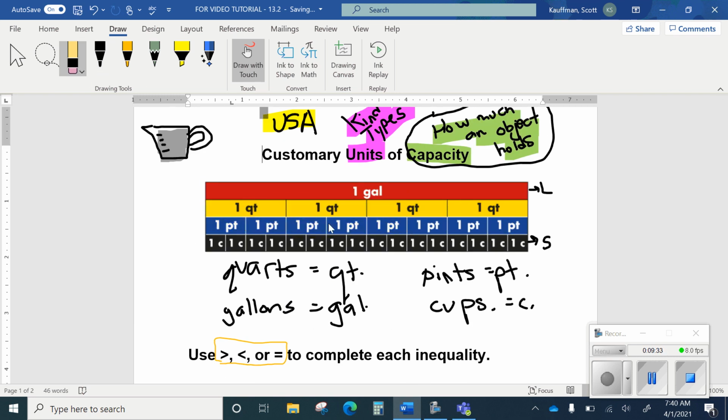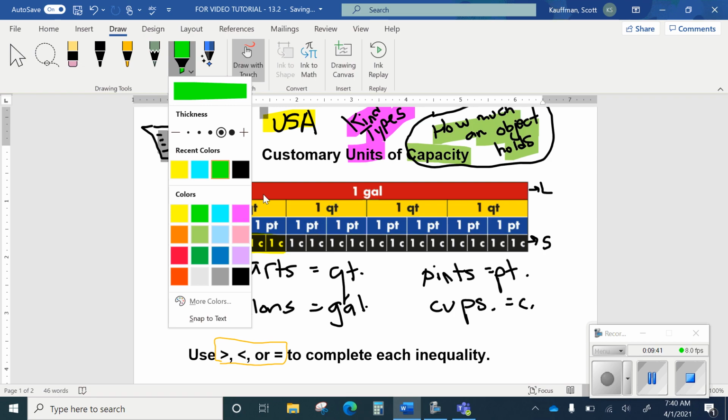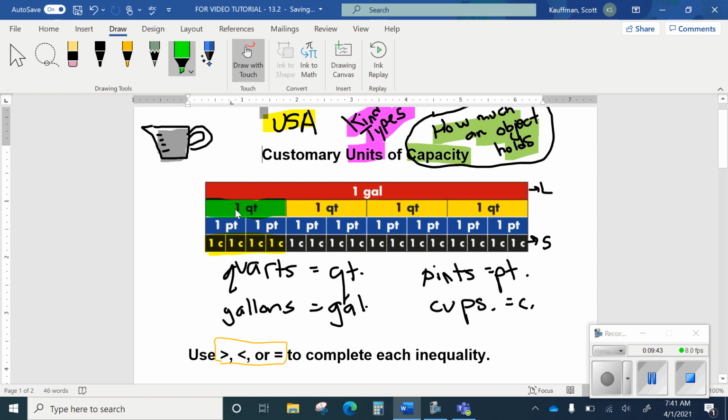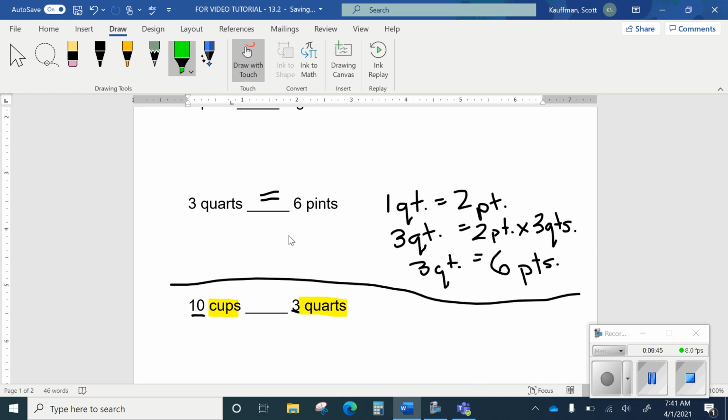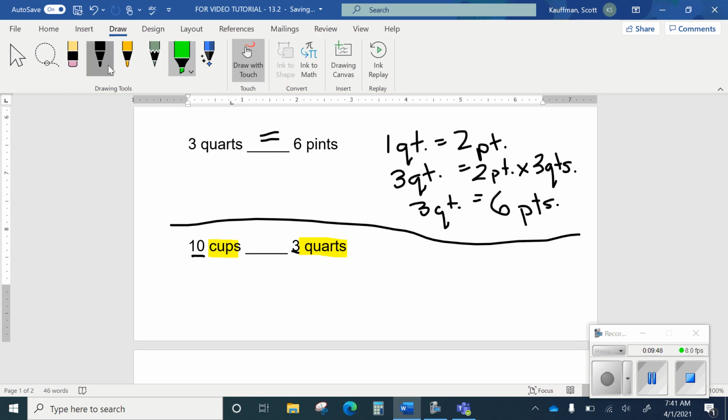All right. So I'm going to go down here to cups, and I'm going to highlight the cups because there are 4 cups in 1 quart. Okay. So now you're going to see that there are 4 cups which are equal to 1 quart.